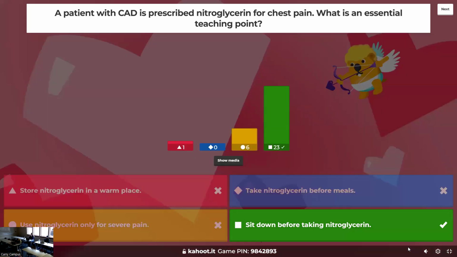Good. Sit down before taking nitro. Why do you think we want to do that? Yeah, could cause dizziness, headaches. Yeah, and it'll lower blood pressure to a certain extent as well. We don't want them falling over.